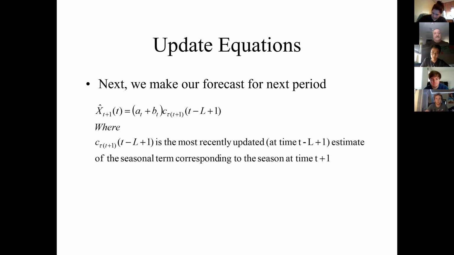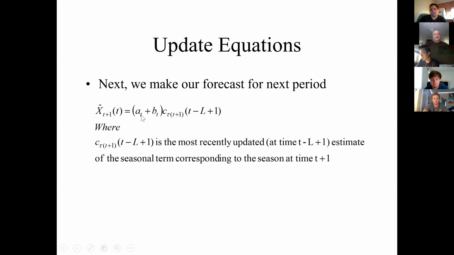And now we can make our forecast, right? So for our forecast, we just take the current level plus 1 times the slope, multiplied by the seasonal adjustment factor, right? And so keep in mind, let's say that t is October.